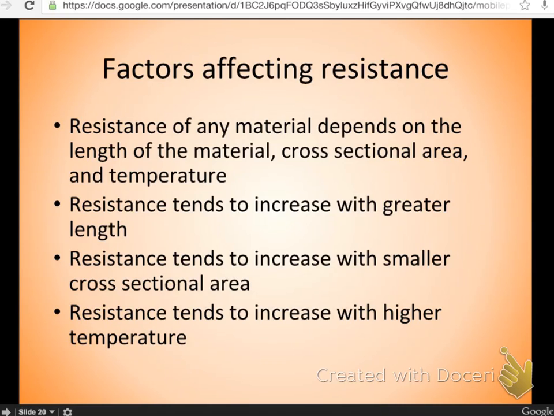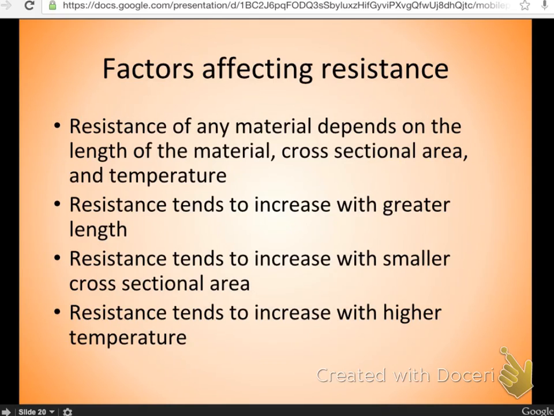And the longer something is, 3 centimeters of wire is going to have lower resistance than 10 centimeters of wire, which is going to have lower resistance than a meter of wire. So the longer a piece of something that you have to push current through, the higher the amount of resistance you're going to face. Now, resistance tends to increase the smaller something is. So tinier wires have higher resistance.